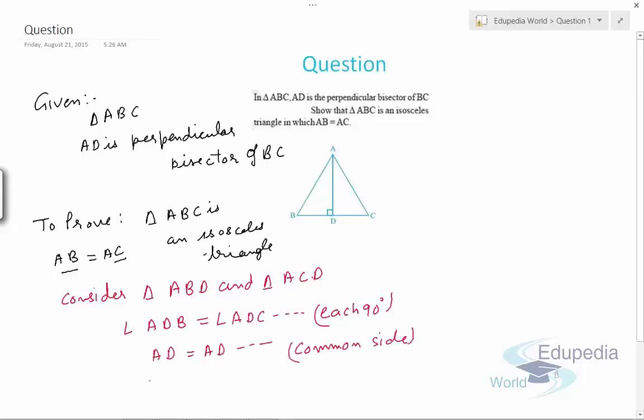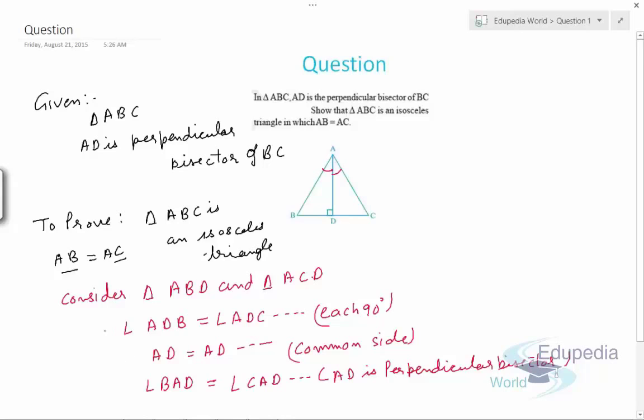Then what we can have is angle BAD equals angle CAD. Why? Because AD is a perpendicular bisector, and so these two angles are equal, so this angle equals this angle.